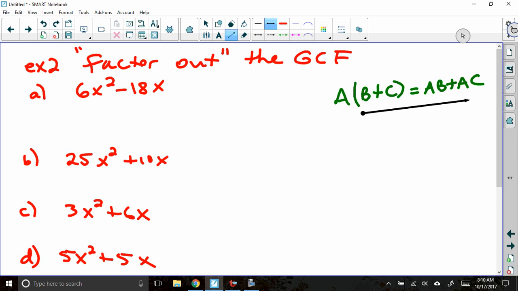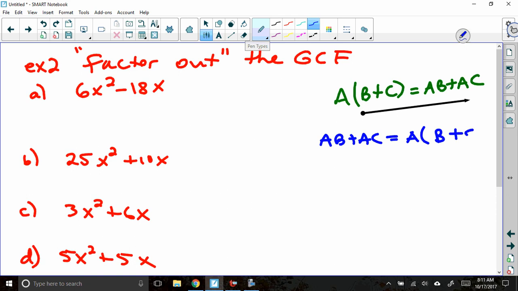But did you know the distributive property works in the other direction? You could think of AB plus AC as A times the group of B plus C. Not a whole lot of people think of the distributive property working that way. But the distributive property is essentially what factoring is, just in the other direction.